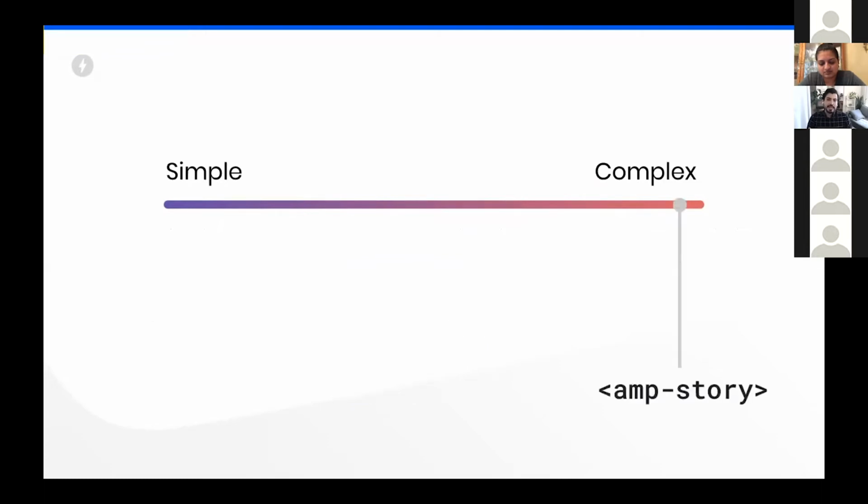And then you have something like AMP story that draws its own interface and schedules how components get loaded and adds a ton of functionality. So a component can be something really simple, like an image or a selector for a form, or it can also be very complicated, like an entire experience.